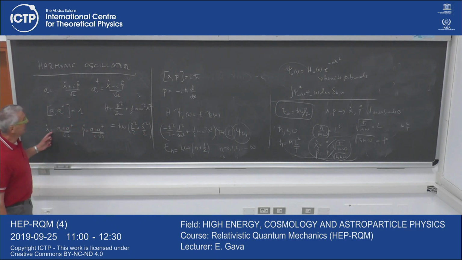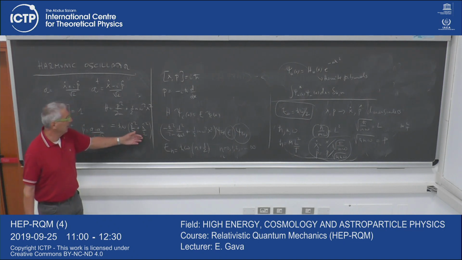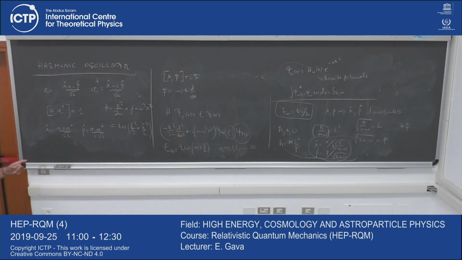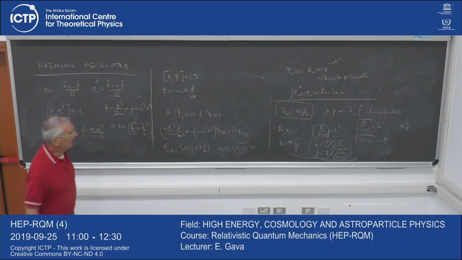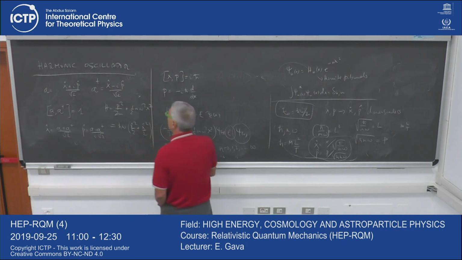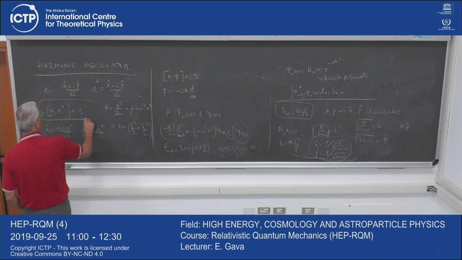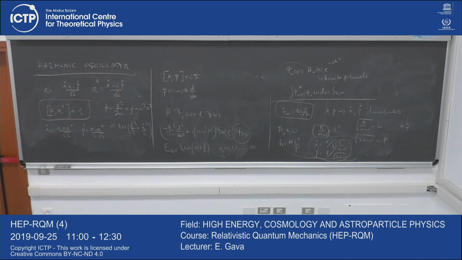And then substitute this here, and you find what H is in terms of a and a dagger. But now we have to take into account that a and a dagger don't commute; the commutator is equal to 1. So one has to pay attention to the ordering.